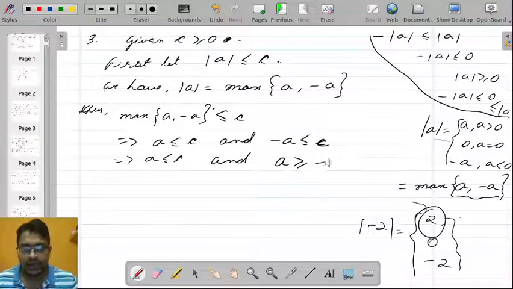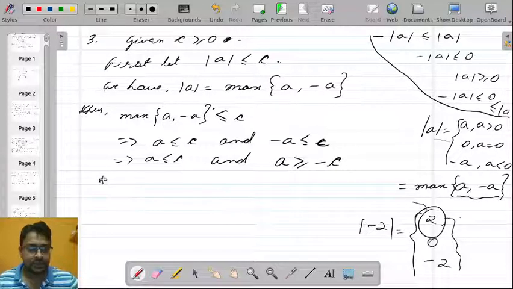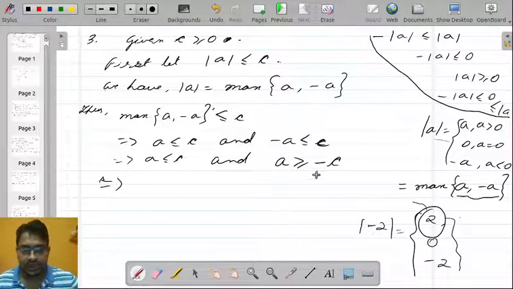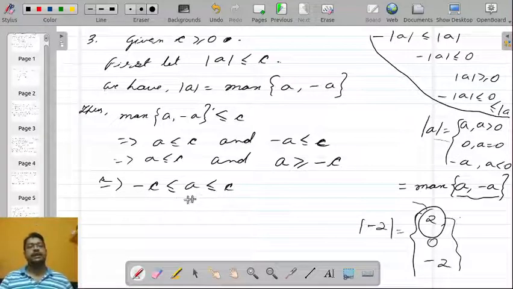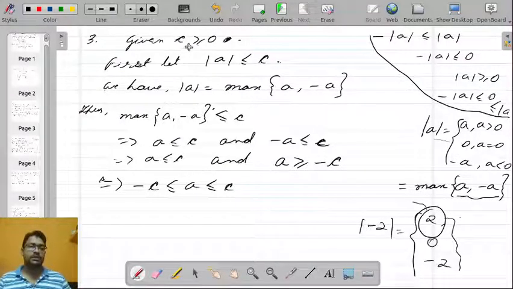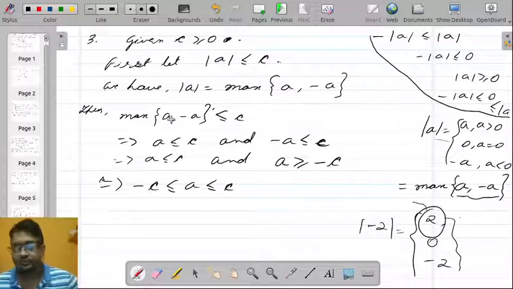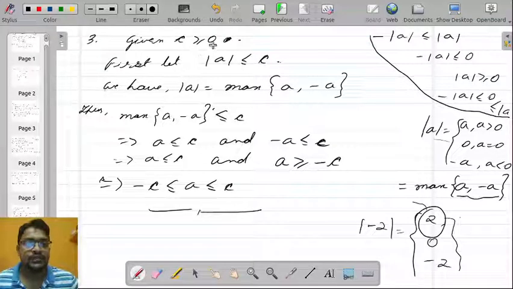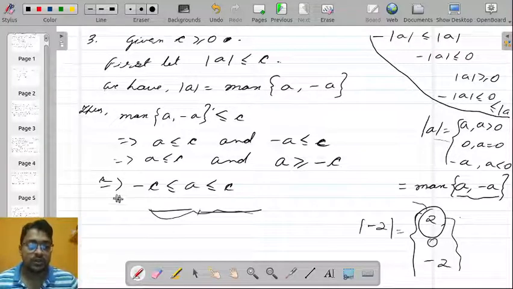So A greater than or equal to minus C. So this can be written as minus C is less than or equal to A, and A is less than or equal to C. So A lies between minus C and plus C. So we have proved this part, right? So if C greater than or equal to 0, then mod A less than or equal to C implies this happens. Now the other part we have to prove.